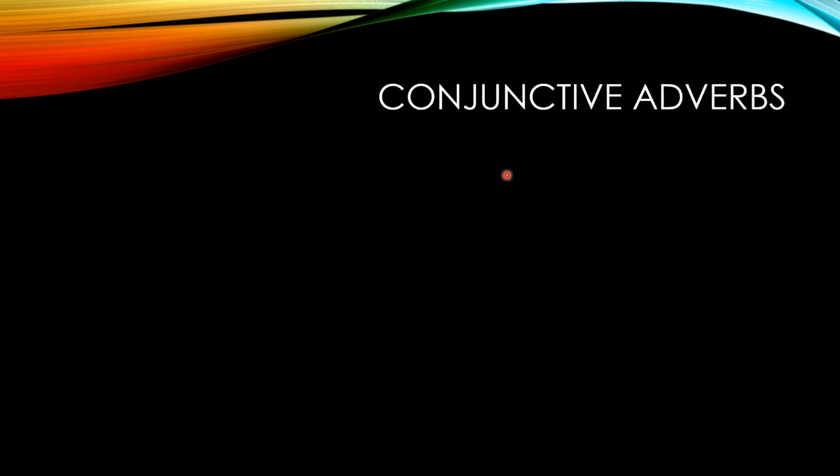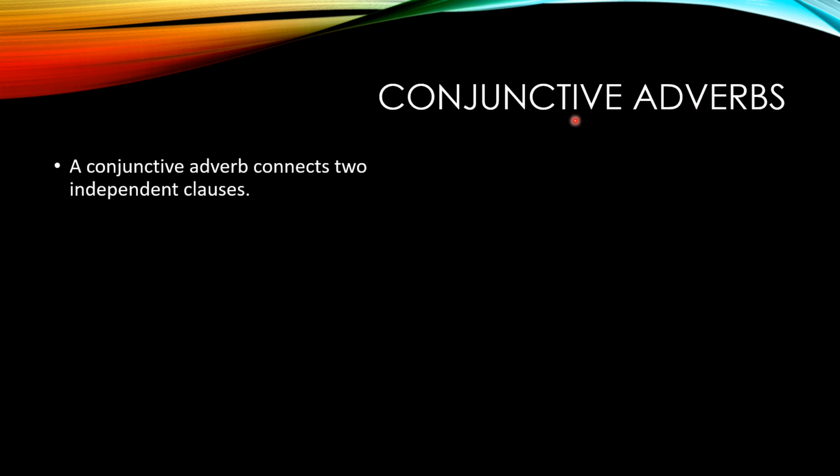Let's talk about the last group of conjunctions here, conjunctive adverbs. Now, what is a conjunctive adverb? A conjunctive adverb connects two independent clauses. So in the previous slide, I talked about subordinating conjunctions where we had one independent clause and one dependent clause.